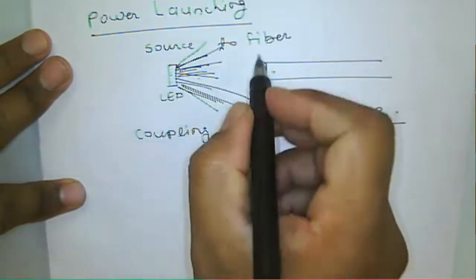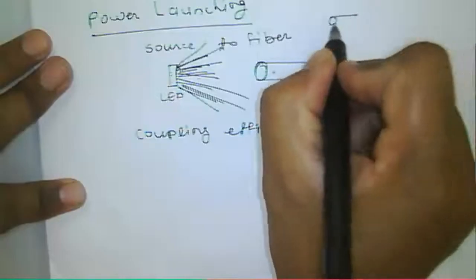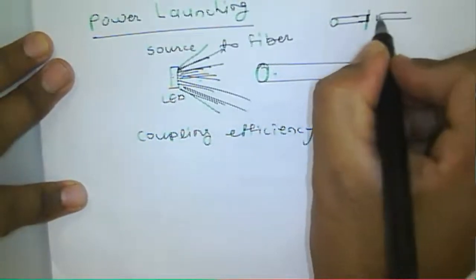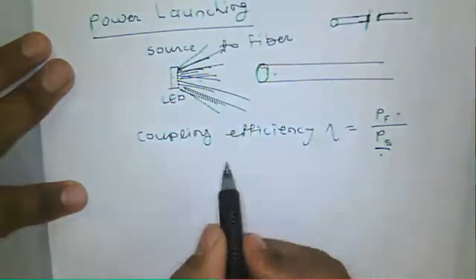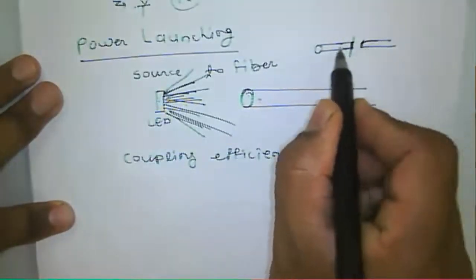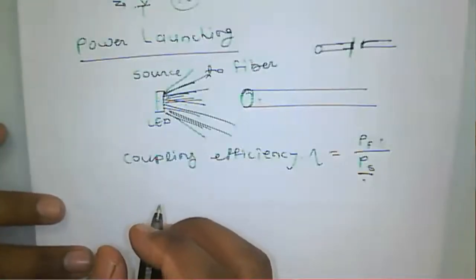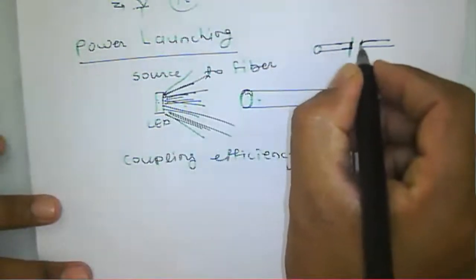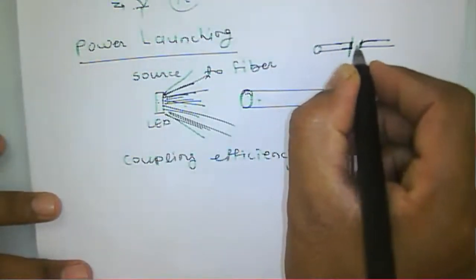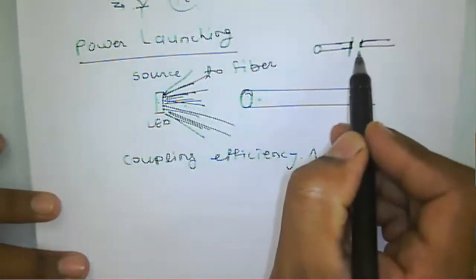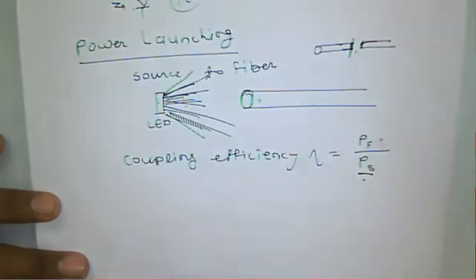If we are connecting fiber to fiber, the ends of the fiber are to be smooth. If the ends are smooth, then we are able to connect. If the ends are not smooth, then there may be a loss of light.